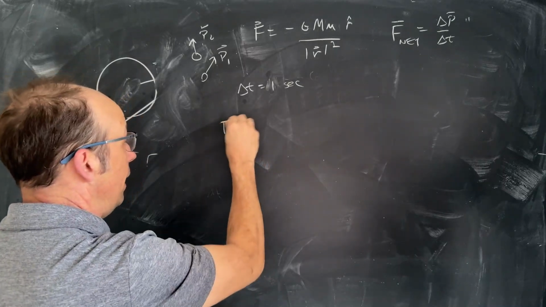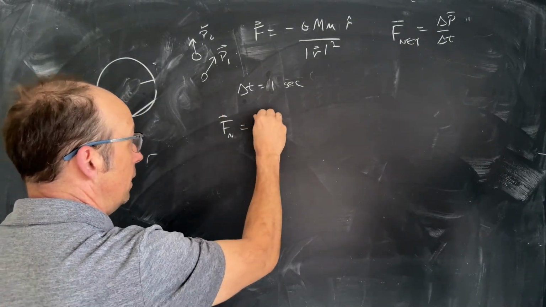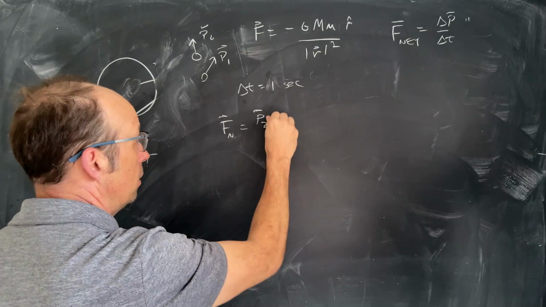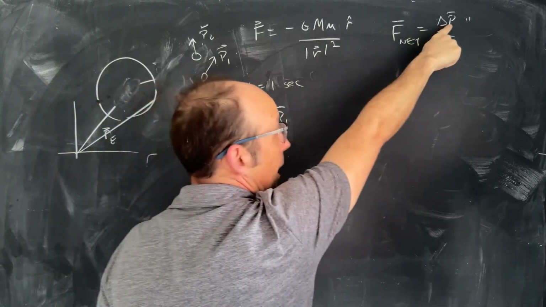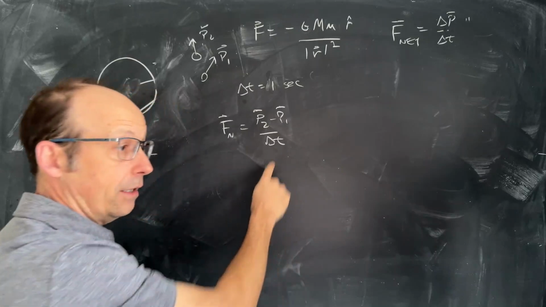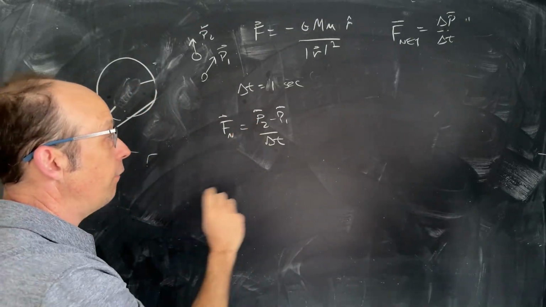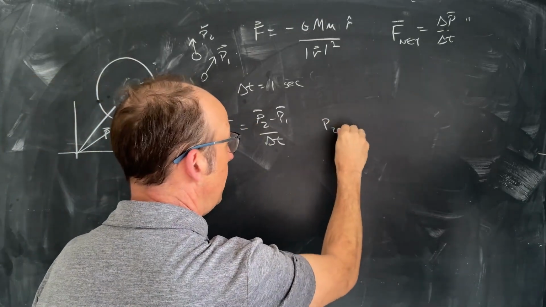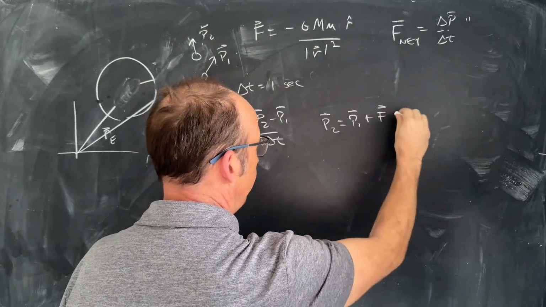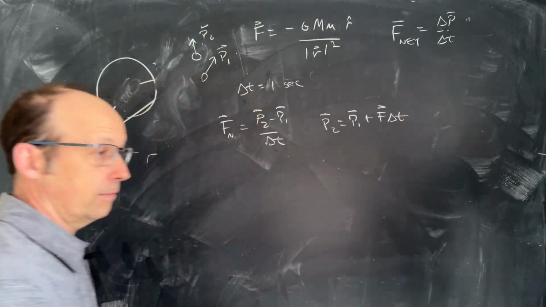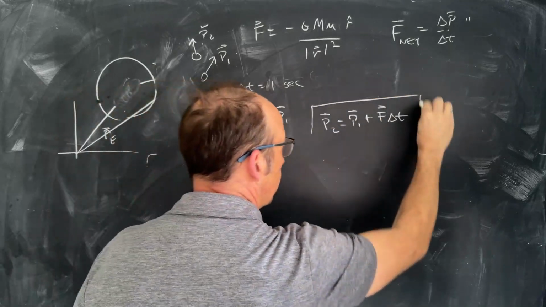So F net is p2 minus p1 over delta t. That's the same thing, right? Delta p over delta t. Now I can solve this for p2. p2 is p1 plus F delta t. That's important. Let's put a box around it.